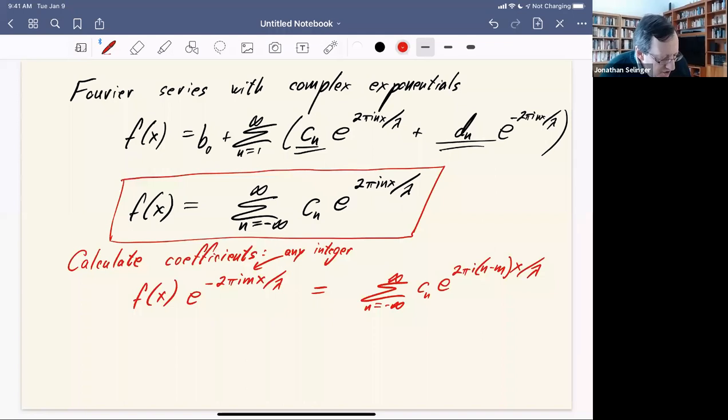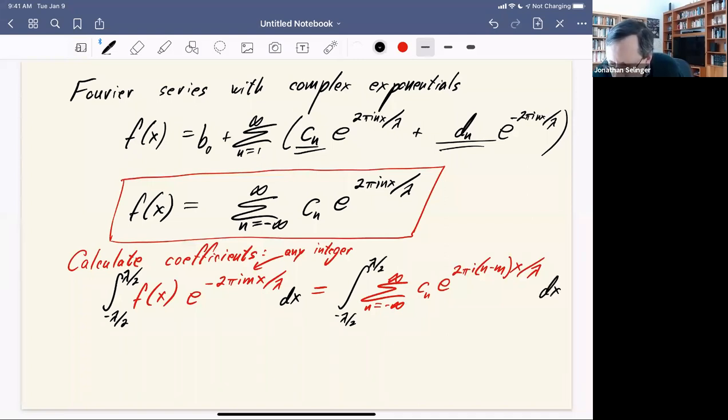Okay, and then the Fourier trick is, let's now integrate over the full periodicity. So let's integrate this thing for x from minus lambda over 2 to lambda over 2, dx. And the same on this side of the equation.